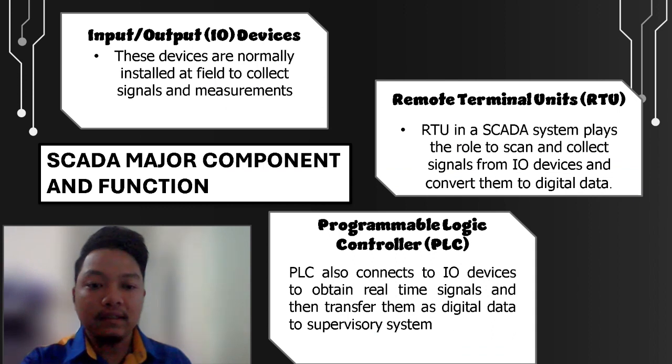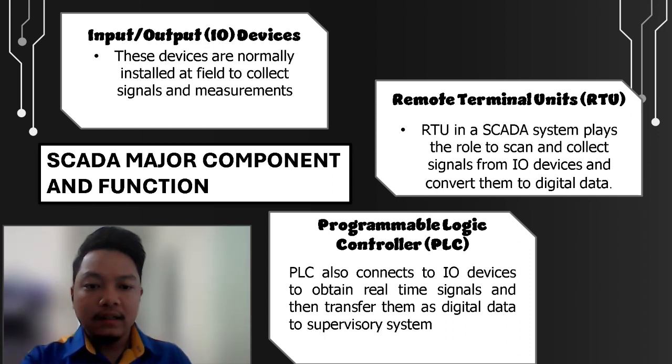Next is the SCADA major components and functions. The first component is the input-output device, I/O device. These devices are normally installed at the field to collect signals and measurements. Then the remote terminal unit, RTU. The RTU in a SCADA system plays the role of scanning and collecting signals from I/O devices and converting them to digital data.